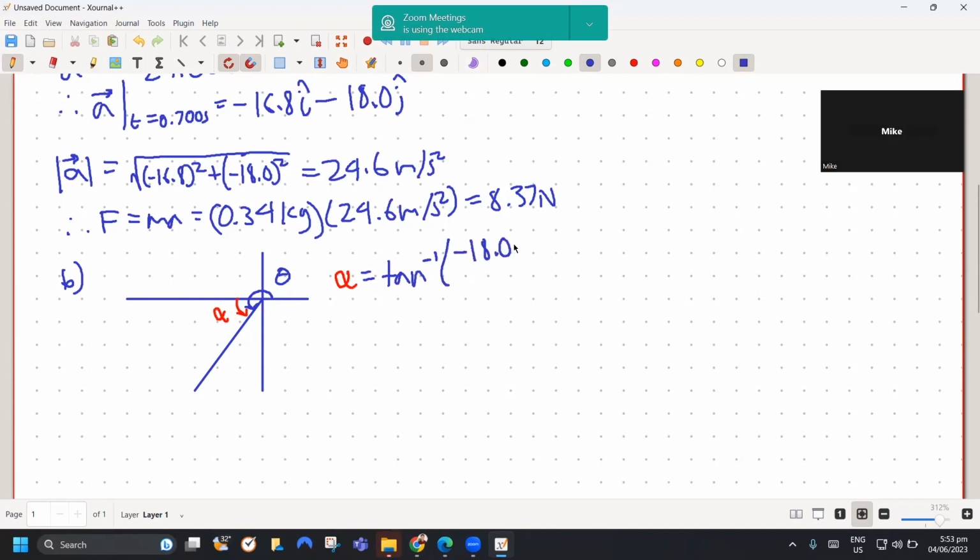So, pakita mo yung operation na kailangan gawin para makuha yung theta. So, what do we do with 47?